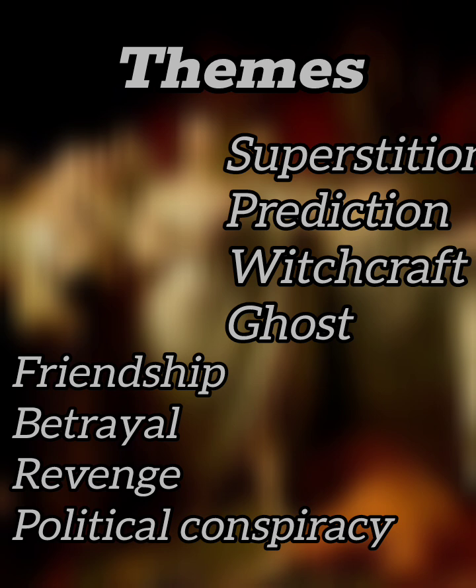Now there is a political conspiracy in the whole play. Superstition and prediction. Okay, we'll go through something like the soothsayer saying about the Ides of March, and so Shakespearean belief of superstition. This is also a theme. And also ghost. At the end, Caesar's ghost appears. Okay, so ghost is also a theme.